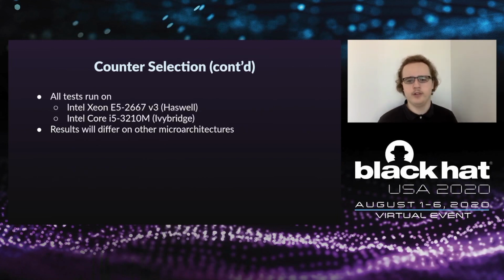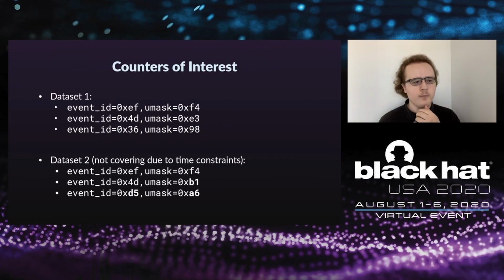It's worth noting at this point that all of our tests were run on a Haswell machine and an Ivy Bridge machine, so a bit older microarchitectures, but what we found should still be valid with adaptation on newer microarchitectures, but the results will differ, because again, these counters change from generation to generation. So we came up with 2 data sets of counters that looked interesting.